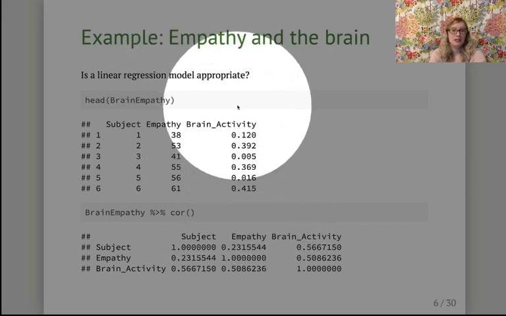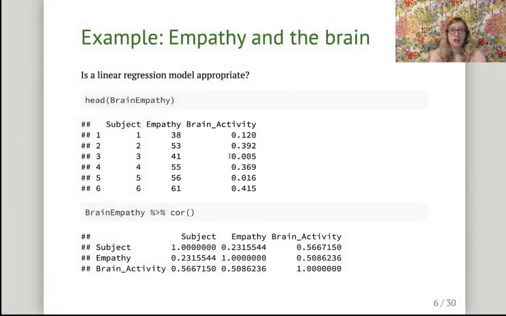Brain activity is numeric, so we're good there. Let's look at the correlation. The correlation between a person's empathy score and their brain activity is roughly 0.51. So there is some correlation. It's certainly not a very strong correlation, however, between empathy and brain activity.